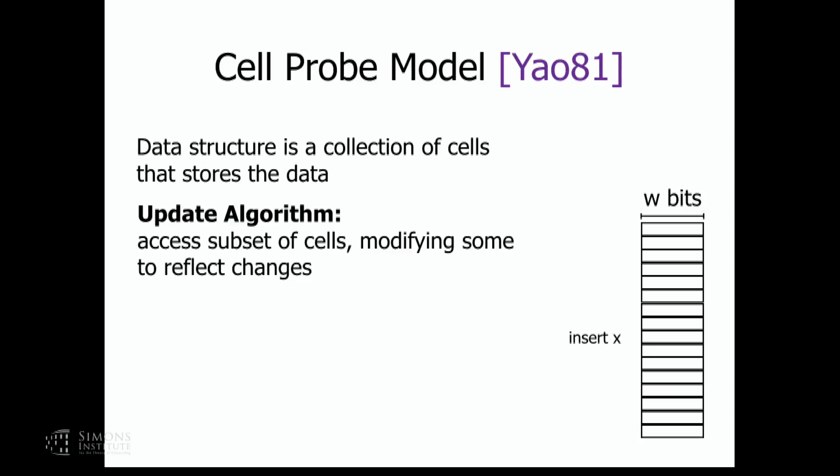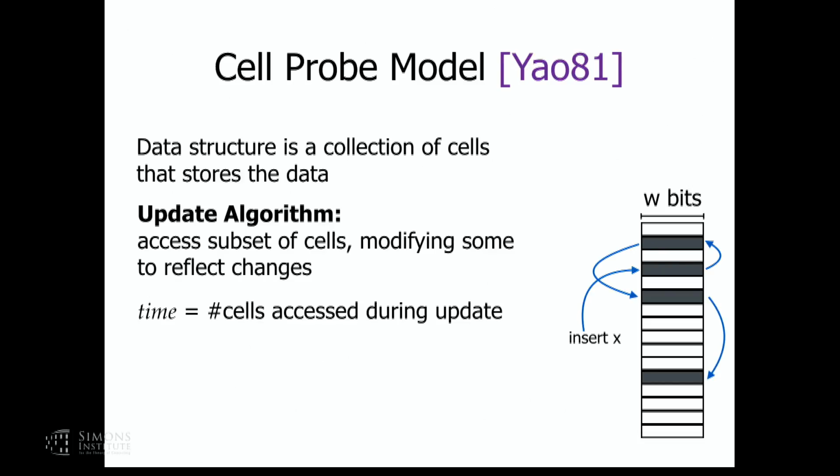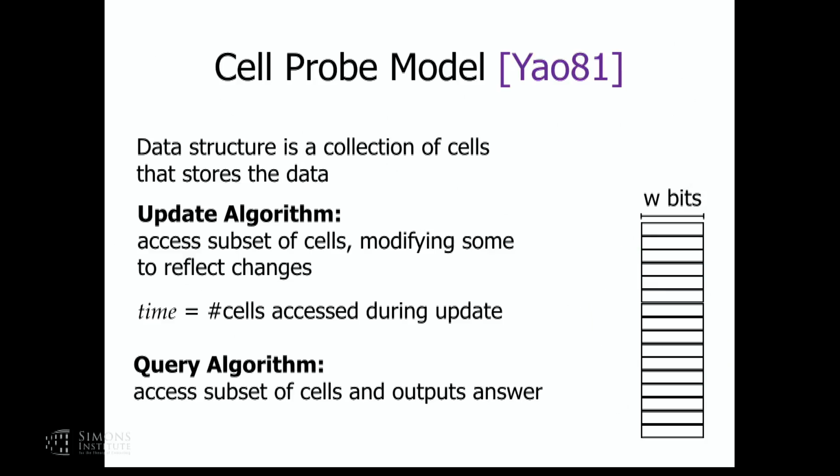You can think of what the data structure does as reading a sequence of cells and making changes to them. The update time is defined to be the number of cells that are accessed while performing the update or the insertion. Similarly, you can talk about query algorithms, which typically compute a function of the data that you have.